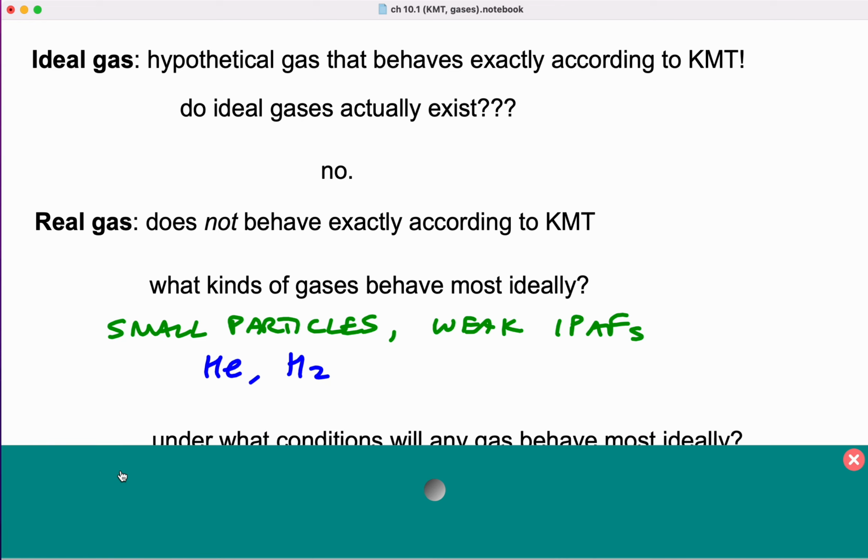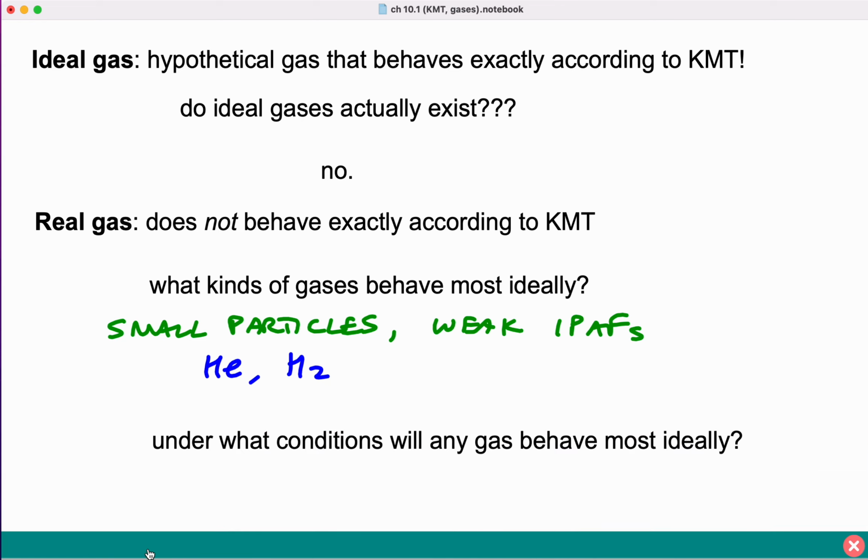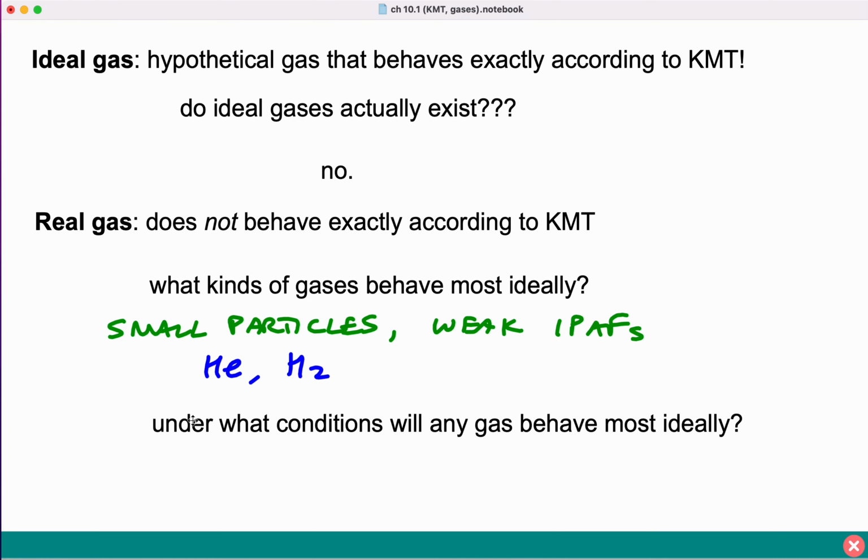Now, the other question we can ask is, under what conditions will any gas behave most ideally? If we vary the conditions, we can make any gas closer to an ideal gas, that is, more closely fit the description of the kinetic molecular theory. Well, what conditions would that be?